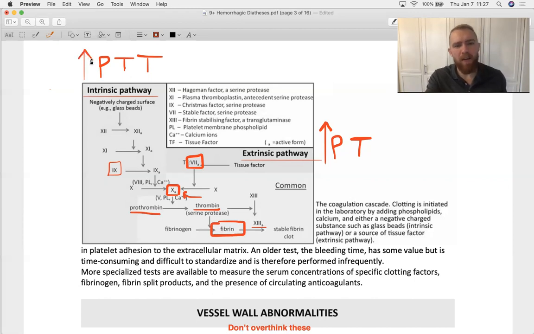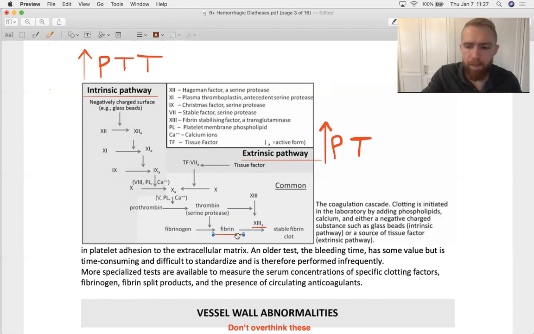And guess what? Same thing for heparin. Same exact thing for heparin. Because in heparin, what's heparin do? It promotes antithrombin 3, which puts a hold on factor 10 and factor 2. So factor 10 is a common factor, and prothrombin, that's a common factor.